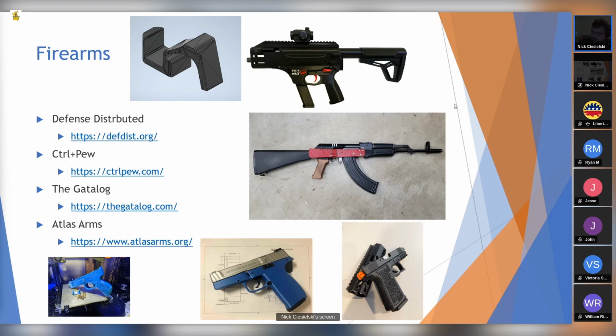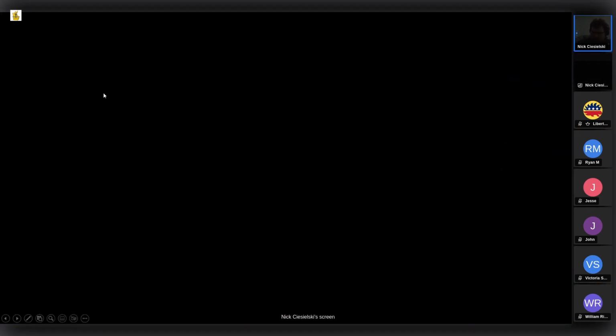People in these war zones who don't have access to weapons are starting to get weapons to defend themselves and be able to make their own. I think this is some of the most interesting technology out there for that, and something that should be looked into. So that's all I've got as far as presentation.